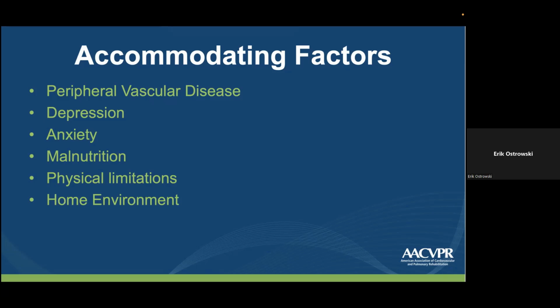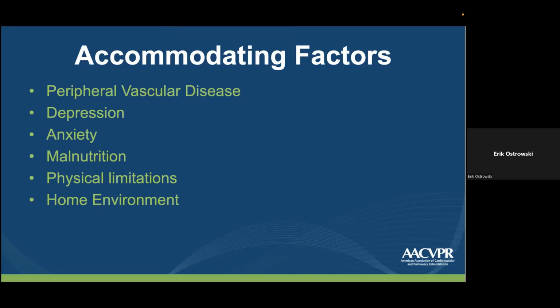Making sure that we're taking into consideration in our exercise program for the patient what their home environment is like. Remember, once they complete the program with us, we want them to continue exercising on their own. And so we need to consider, if they plan to exercise at home, what their house is like, what their yards are like, how close they are in proximity to a fitness facility or a wellness or continuation program, whether they have stairs at home, whether they live alone, with family, or in assisted living, and whether they have equipment needs that need to be met.